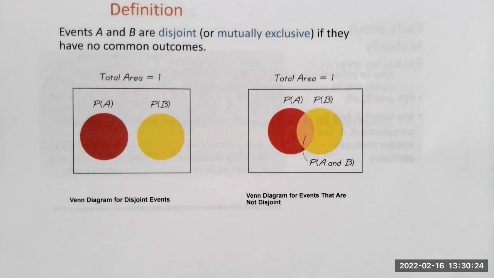Now, rolling a die and getting an even number and rolling a 4 would be not mutually exclusive because 4 satisfies the first event and the second event. So it is an overlapping part. Another example of events that are not mutually exclusive would be to have a rainy day and a rainbow, right?